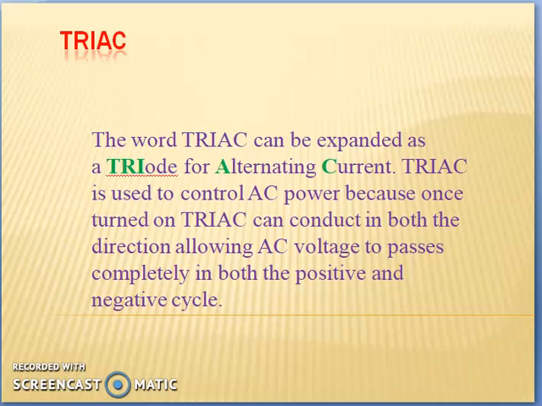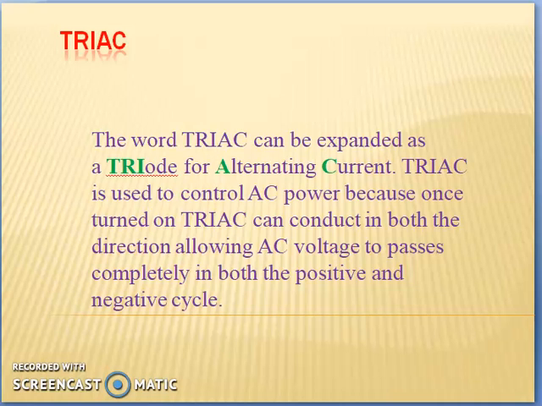The word triac originates from, or I can say it can be expanded as, triode. Triode means three terminals, and the current flowing through this device is always alternating current. So the word triac can be expanded as a triode for alternating current.